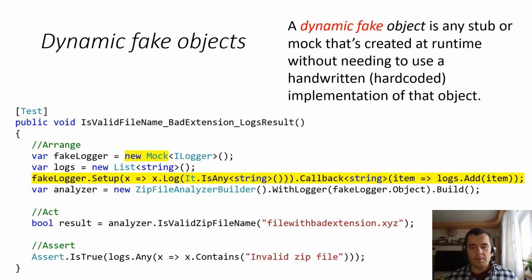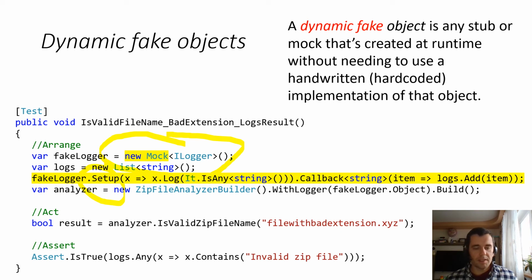Dynamic fake objects. Here we'll see how such a library works. For example, we have such a MockQ framework where we have the mock class, and this mock can be used to customize it.